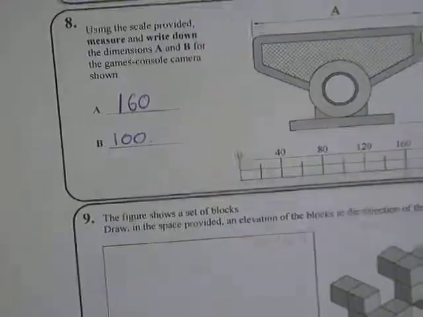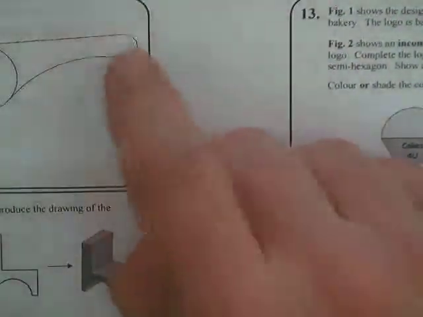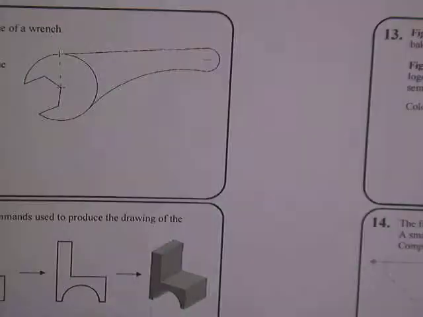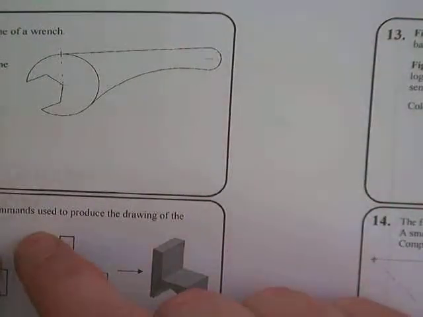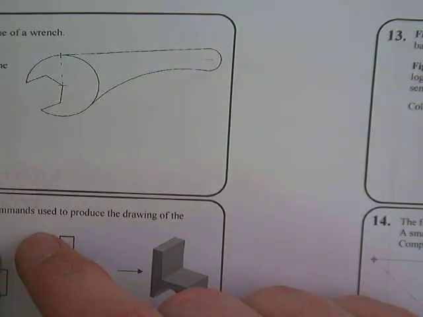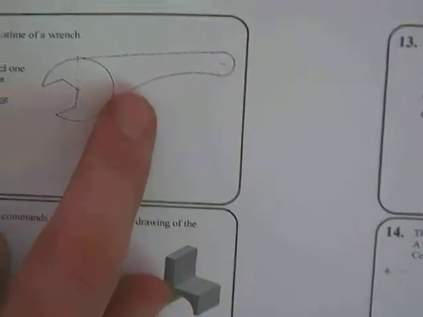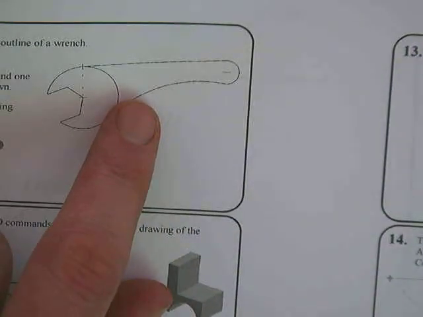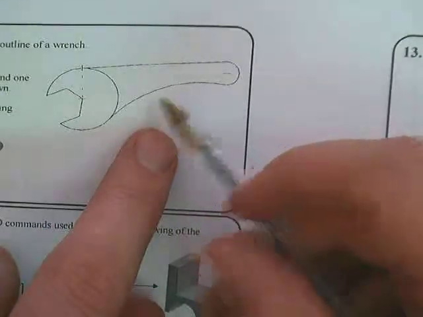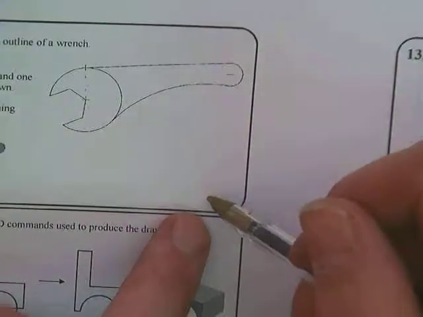So the next question then was question 10. Now I'm not going to spend too long on these because the centers of the arcs in one point of contact are shown. Now on this printout of mine there's no center of this arc shown, okay?